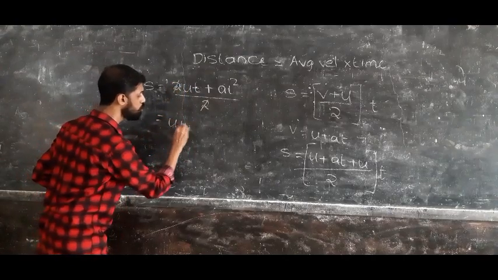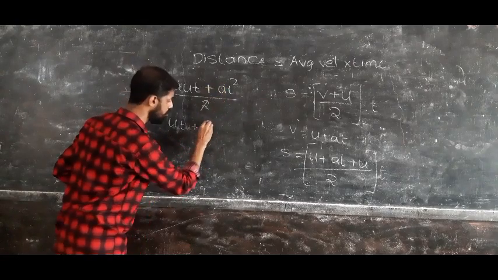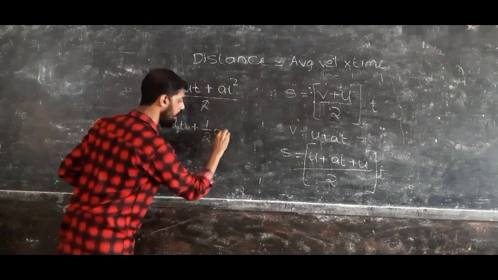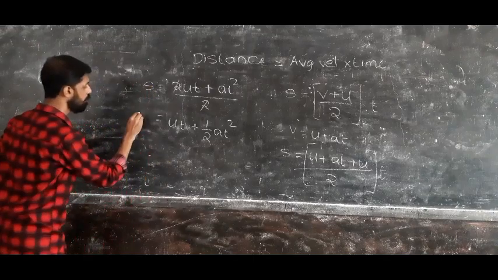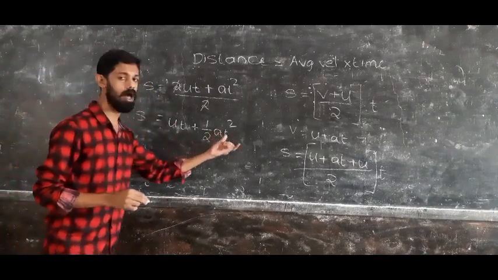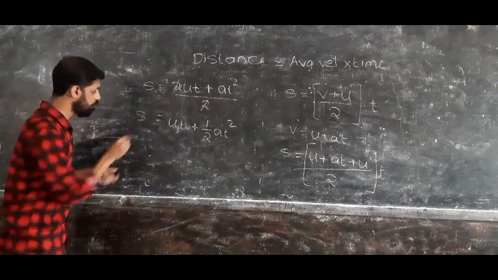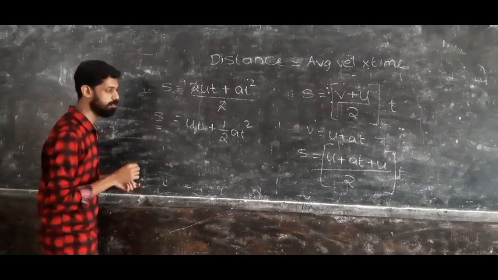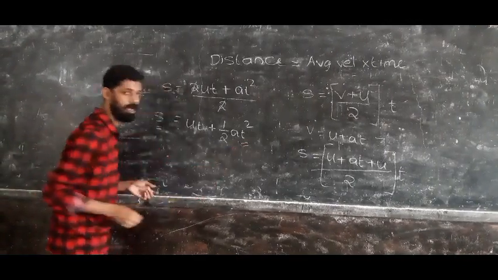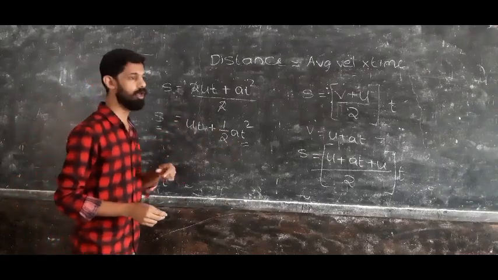We can write ut plus, for the second term, half at square. So the equation becomes s equal to ut plus half at square. This is your second equation of motion. The first letter is displacement and the last is time, so the second equation is known as the displacement time equation.